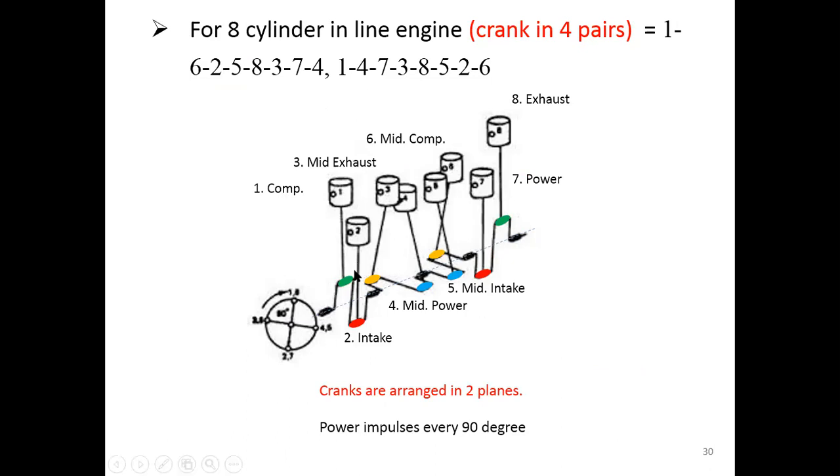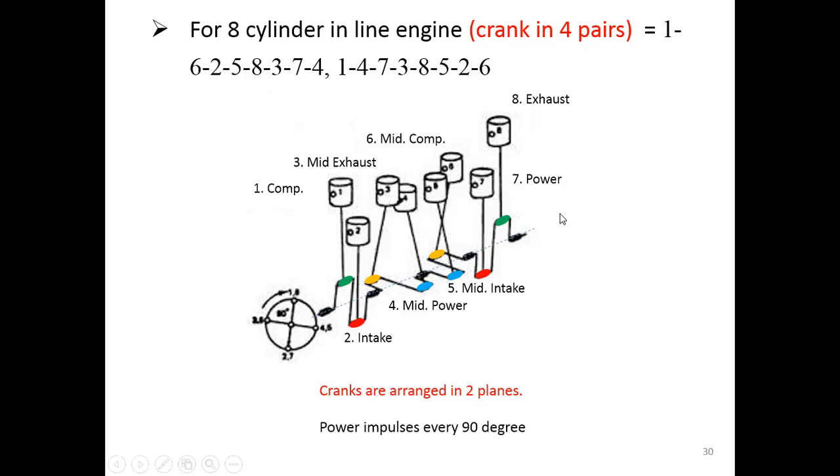For example, the green and the red are in the same plane, which is the vertical one. And the orange and the blue are in the same plane, which is the horizontal plane here. This is for the 8-cylinder inline engine, and the firing order goes 1, 6, 2, 5, 8, 3, 7, 4. When it works, it may go like this.